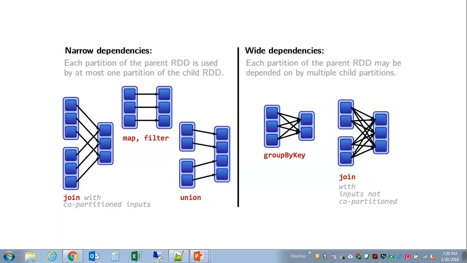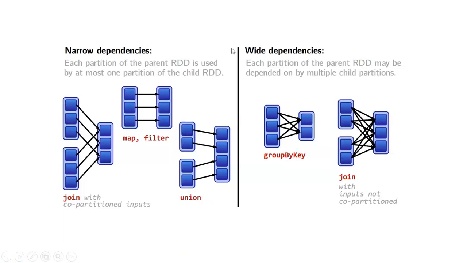If you're doing an outer join to see all customers and orders together, then that's going to be a wide operation because you have to join the customer list here with customers here, with orders here as well as orders here. So it's going to be a wide operation. Those are the two main things you need to know about transformations.